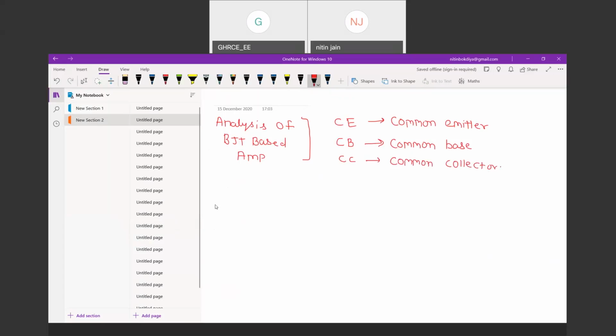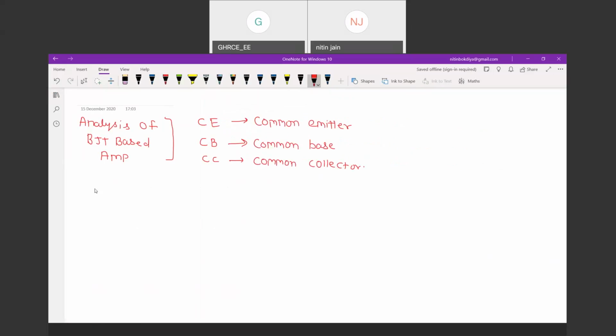And first configuration is what? Common emitter. Let's see how it looks like. So first is common emitter.